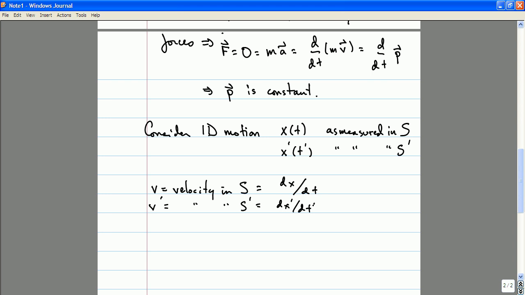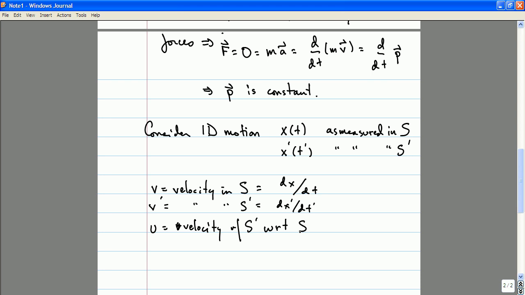And I'll consider the case, as is typical in special relativity, where the frames S and S prime are not the same, but are moving at some relative velocity to one another, which I will call u. So u is the velocity of the frame S prime with respect to S.